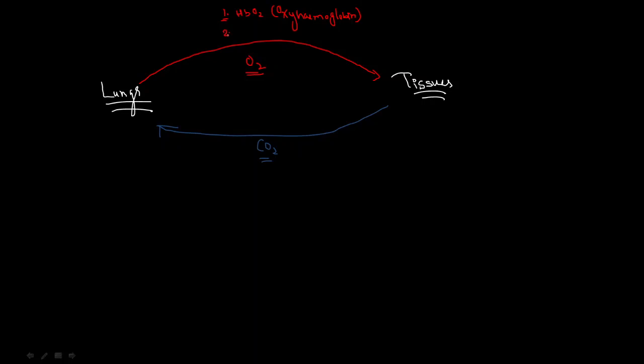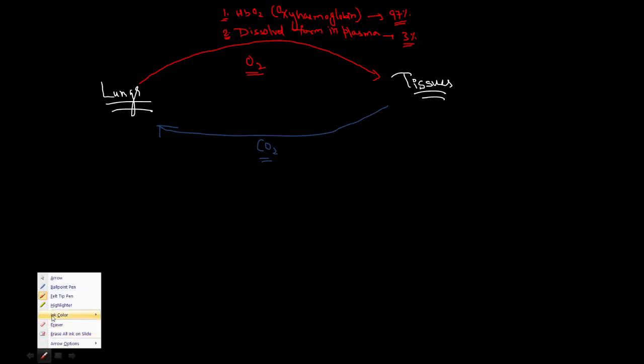Another form is the dissolved form in plasma. Around 97%, that is the majority of our oxygen, is traveled in oxyhemoglobin form, but the rest 3% can also travel in dissolved form in plasma. So these are the two ways in which oxygen travels throughout our body.